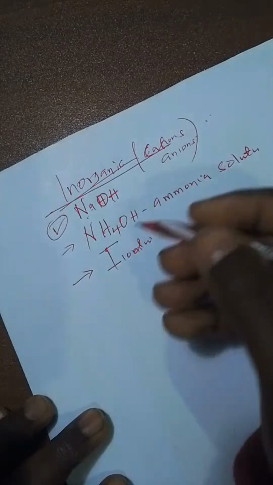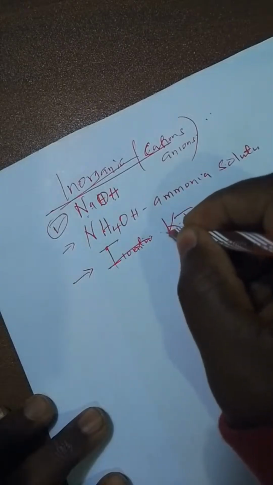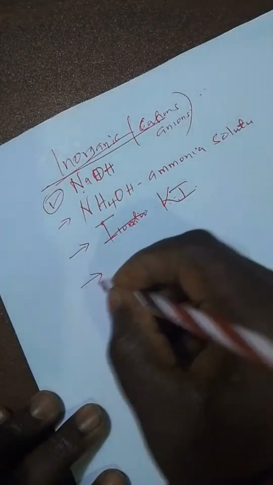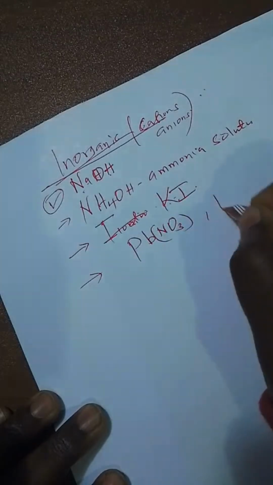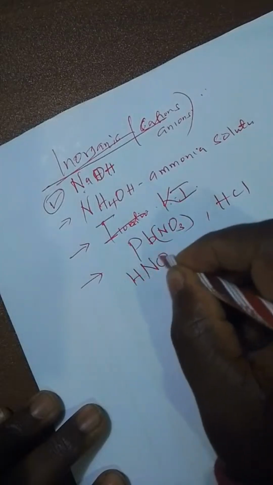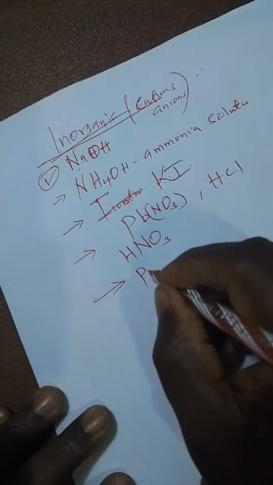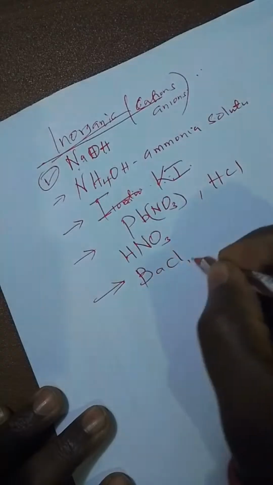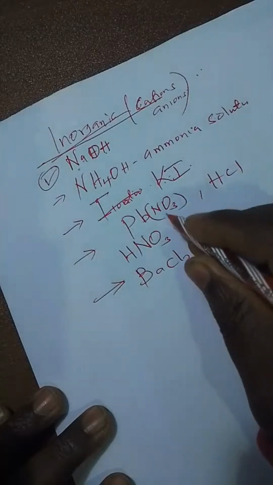Add 2 drops of iodine or potassium iodide, because here there is potassium iodide. Lead nitrate, HCl, nitric acid, barium chloride, lead nitrate.